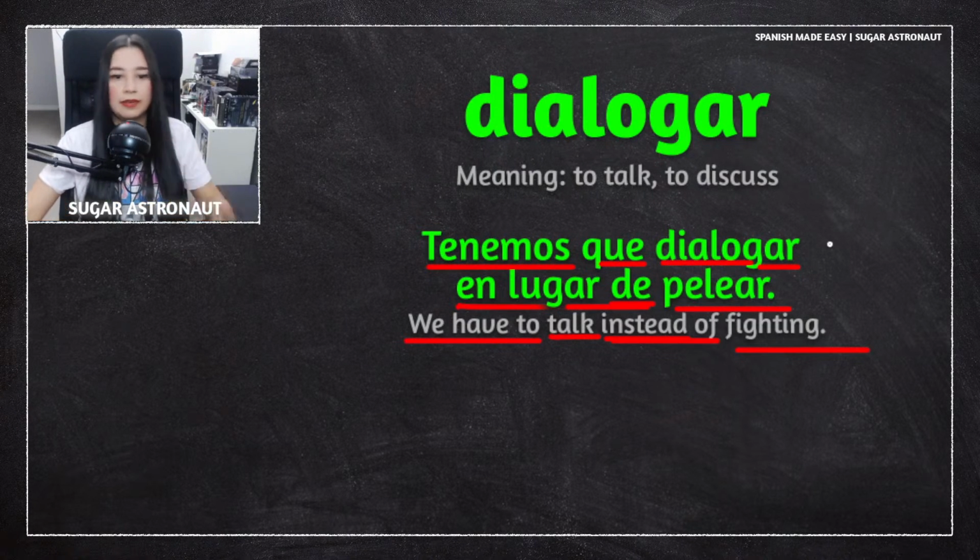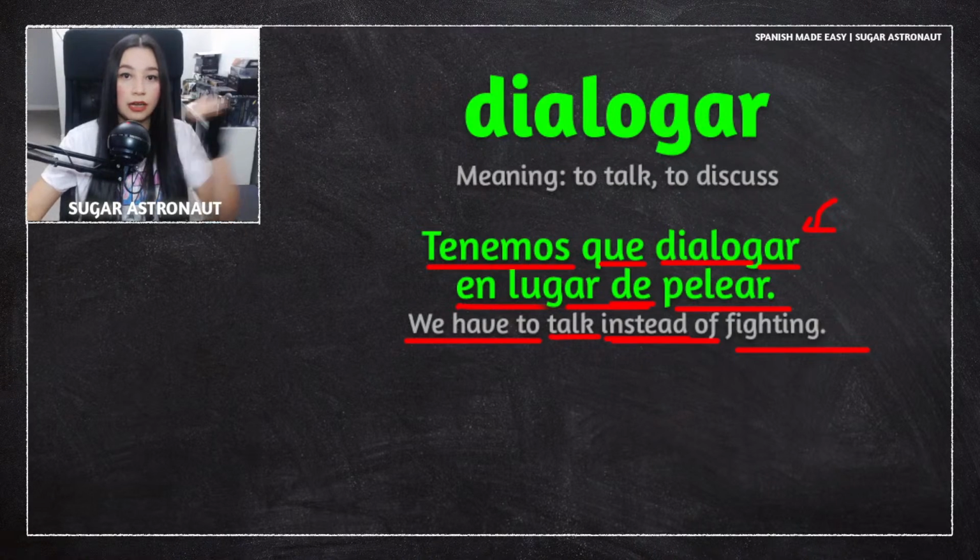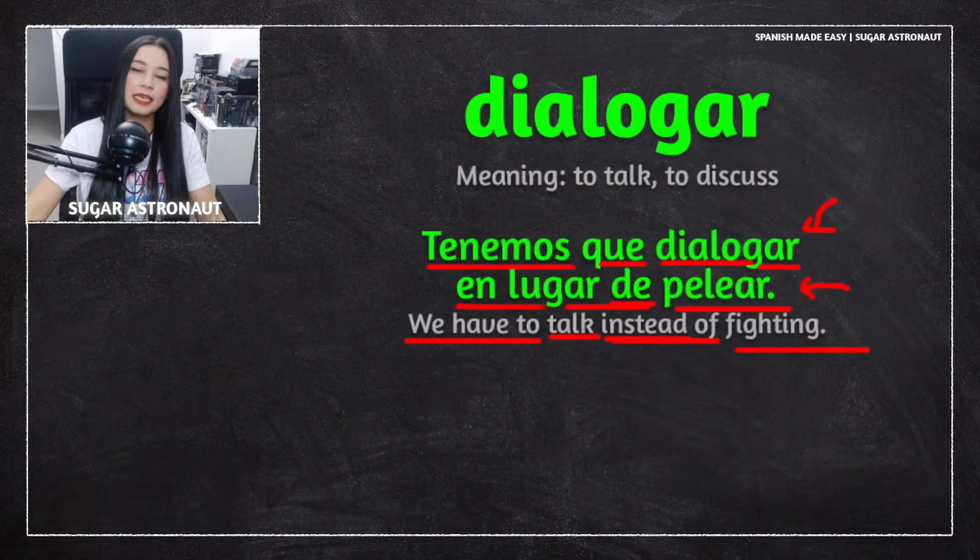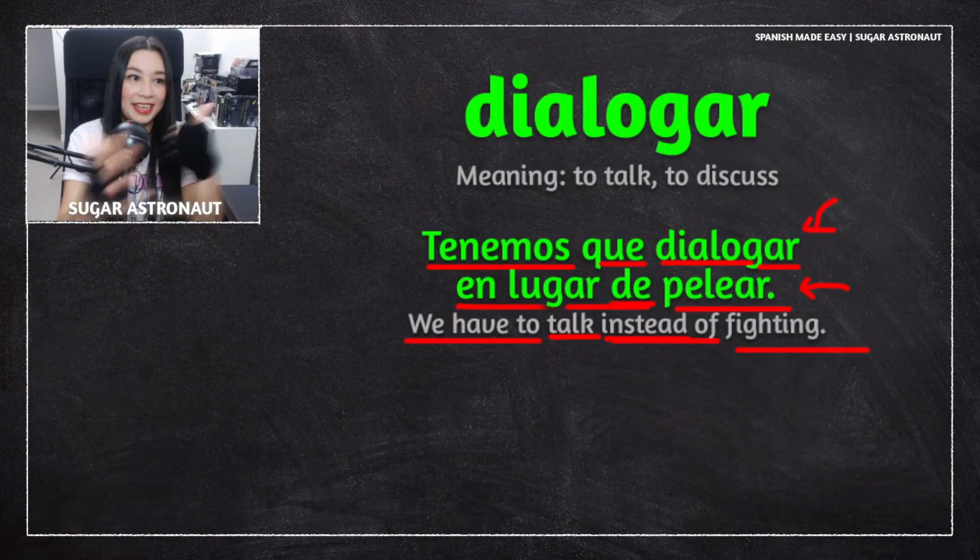Pelear, we have two verbs here. Dialogar, to talk, to discuss, that's what it means. And pelear means to fight, like literally, and sometimes it means like, arguing. When you are arguing with someone, you're not necessarily fighting, you are arguing, okay?